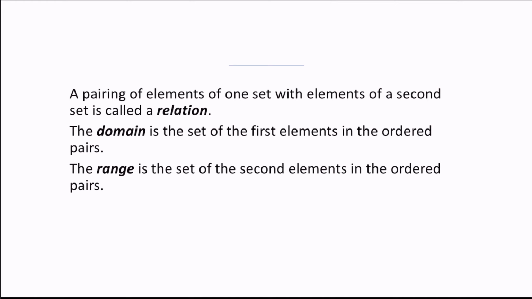We're most familiar with relations in terms of functions, which you should have talked about in algebra. So these topics should be familiar to you from Algebra 2, concepts like relations, functions, domain, and range.